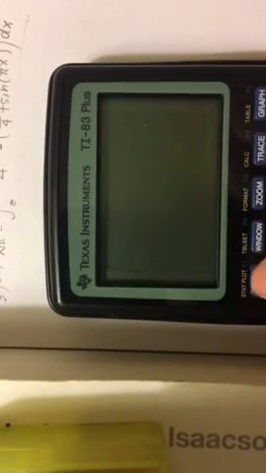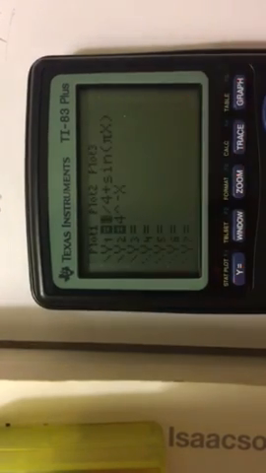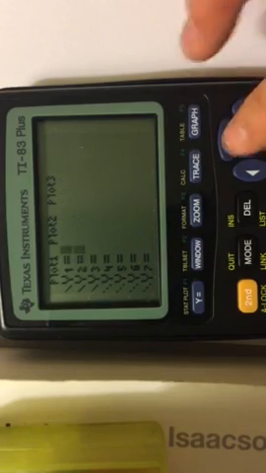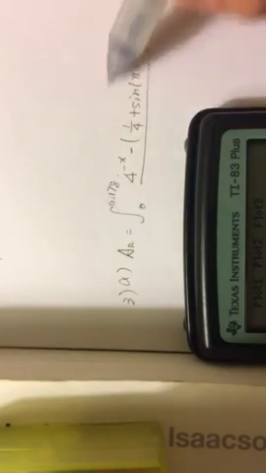Okay. Oh, I forgot to put a dx. Oops. And then we can also use the calculator to find this area. You don't need to integrate it by hand because it will be hard and tedious. So you go to y equals, you delete all of this, and then you need to plug in this function over here.